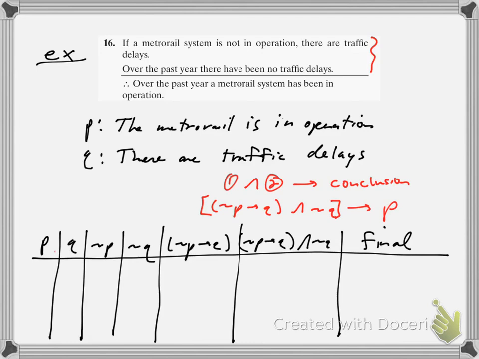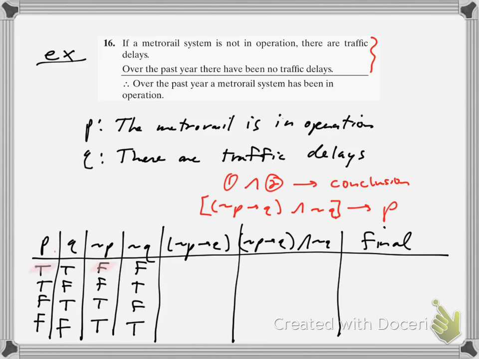So P, we do our standard. It's true, true, false, false for P, and for Q, true, false, true, false. Not P would be false, false, true, true. Not Q would be false, true, false, true. Not P implies Q. Okay, so with that, I'm using these two here.